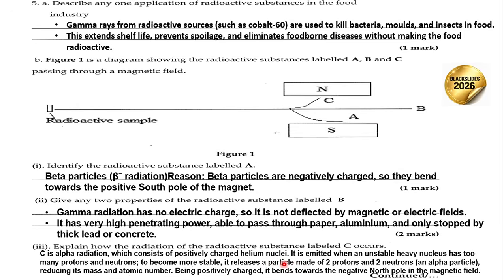These alpha particles are made of 2 protons and 2 neutrons, reducing its mass and atomic number. The mass reduces by 4 and the atomic number reduces by 2. Being positively charged, it bends towards the negative, which is the north pole in the magnetic field.